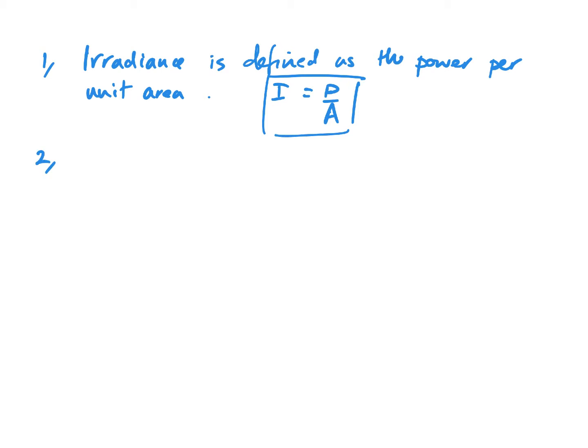That formula is true for any type of source, but if we look at it specifically from a point source, first of all, what do we mean by a point source?